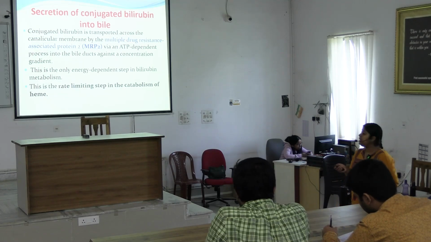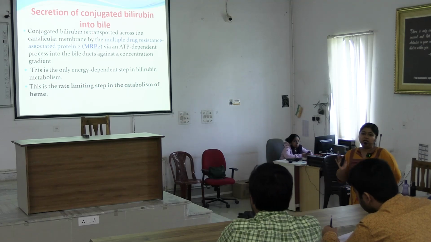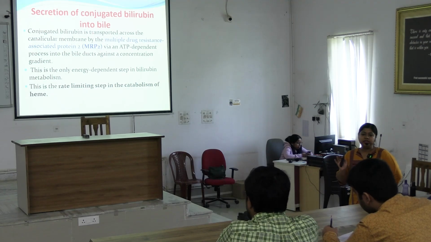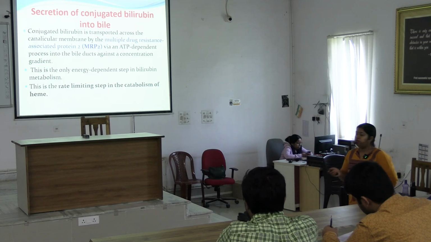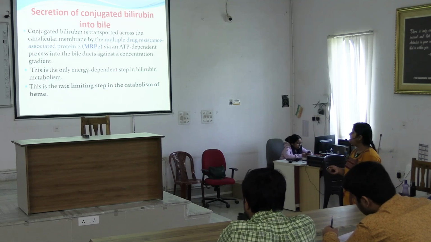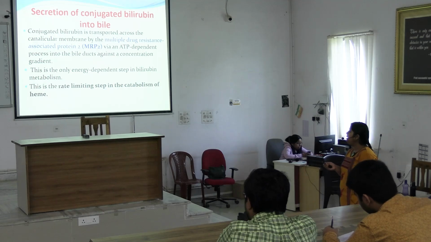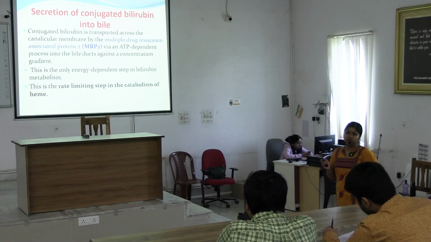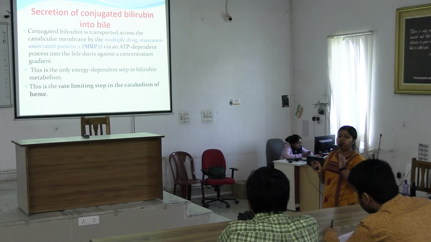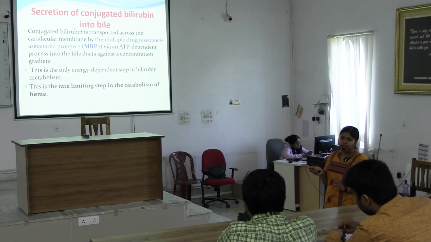That protein, MRP2, pushes the conjugated bilirubin into the bile duct with the help of ATP. It is the only energy dependent step in bilirubin metabolism. This can also be asked in MCQs: what is the energy dependent or ATP dependent step in bilirubin metabolism? That is secretion of conjugated bilirubin into the bile duct.